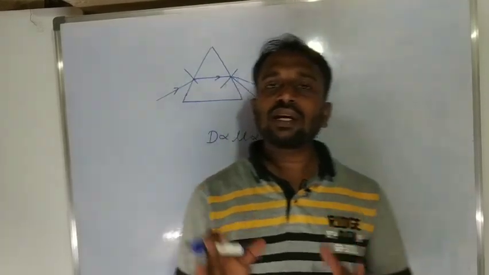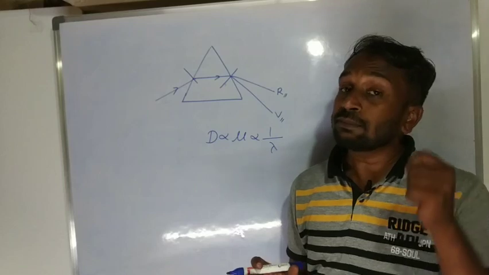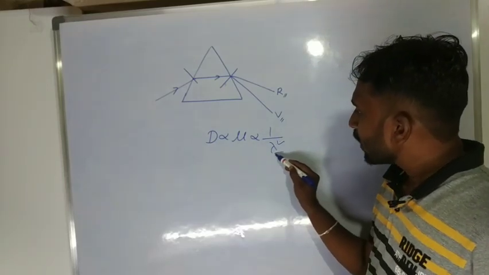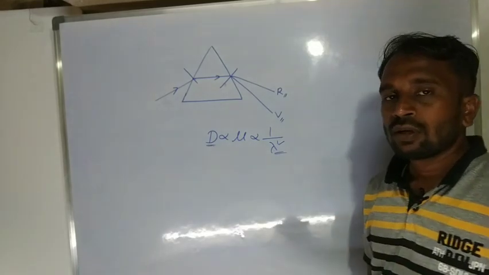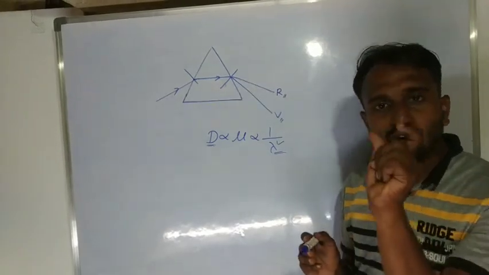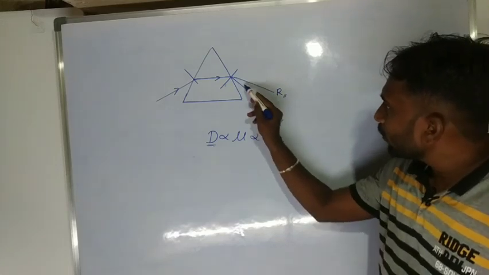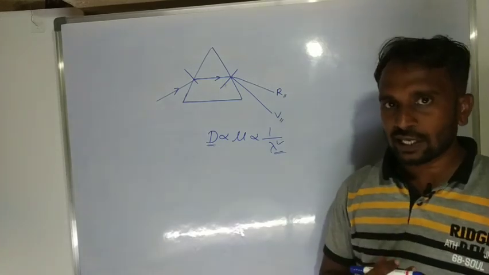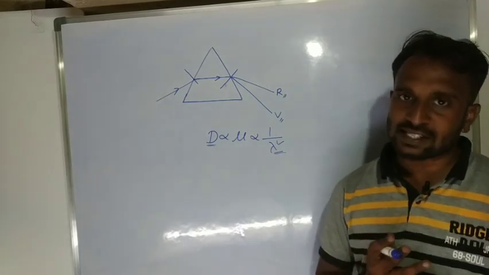Which color of light has the maximum wavelength? That color of light bends the minimum, because of the inverse proportion. Red has the maximum wavelength, so it bends minimum. Violet has a small wavelength, so violet bends maximum, because wavelength is inversely proportional to the deviation. Suppose the refractive index of the material of the prism increases.